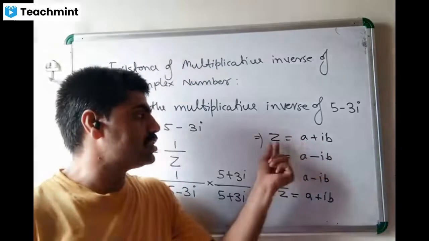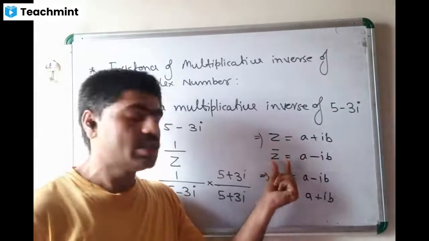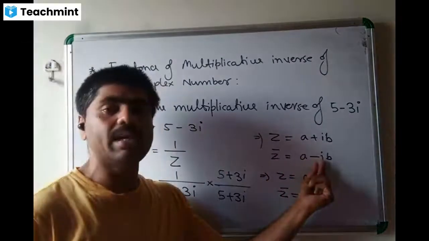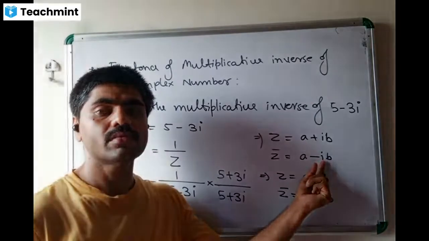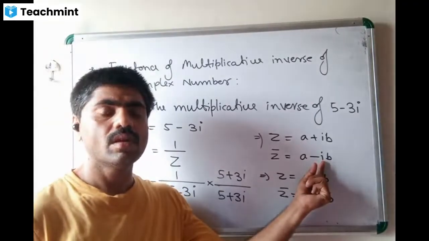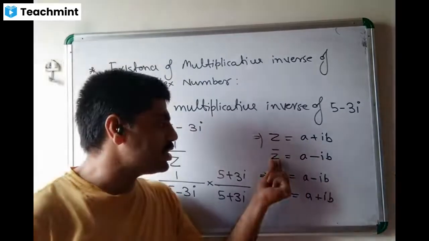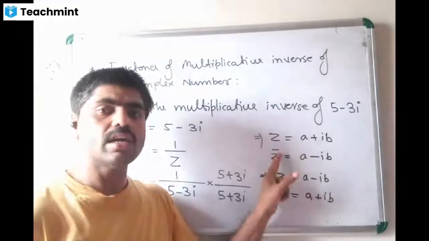So you can see that Z is equal to a plus ib, and its conjugate is a minus ib. Yes or no? Yes, sir. And the conjugate is denoted by Z bar.